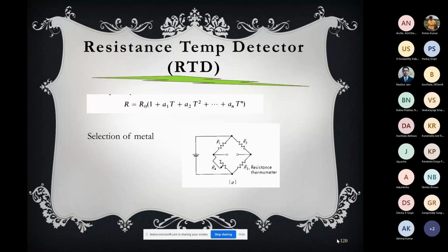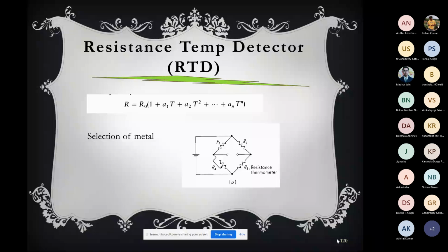Okay, that means this curve should be very stable and predictable. Okay, these two things are required. So from the equation you see, we need R0, we need A1, we need A2, and so on.